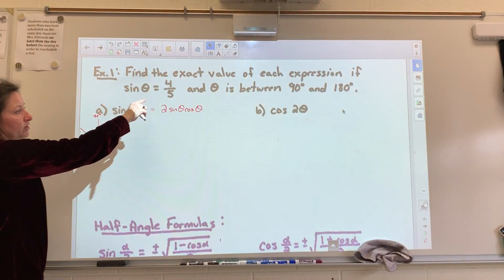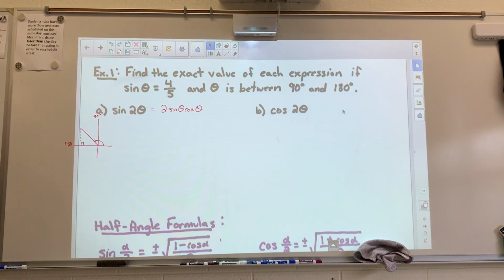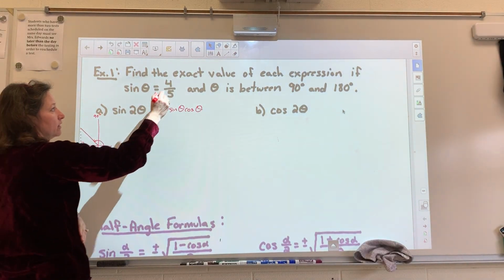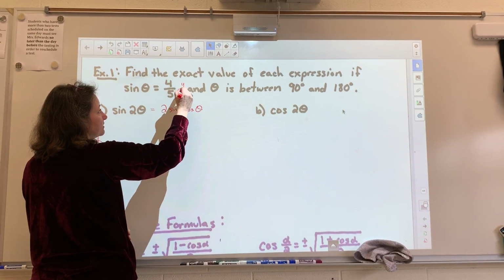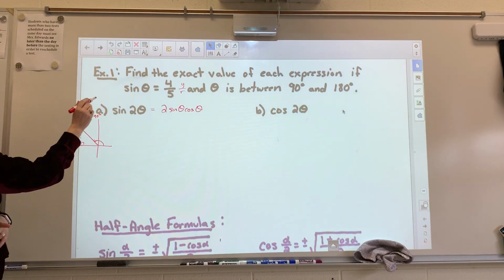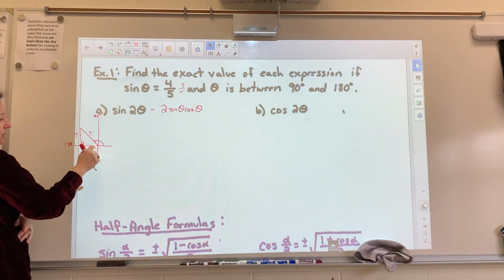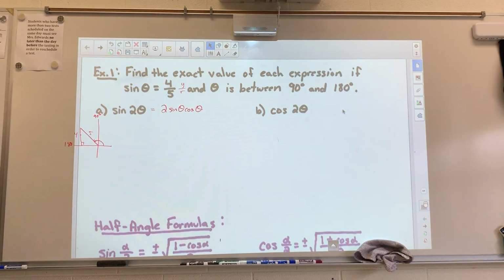Who remembers from an earlier chapter, what does sine always equal? It always equals the y-coordinate divided by the radius. The radius is my hypotenuse. So my y is 4, that would be my vertical leg. My radius is 5.